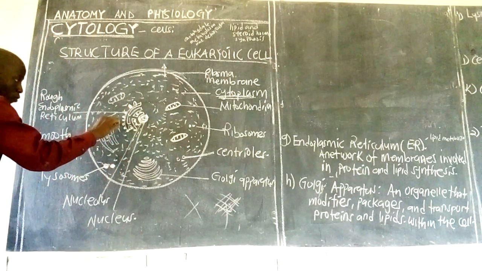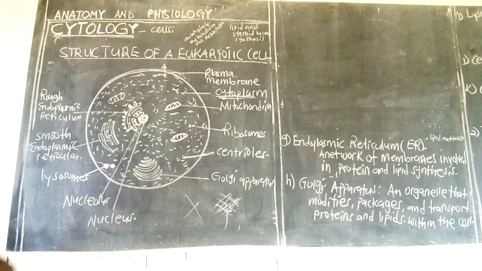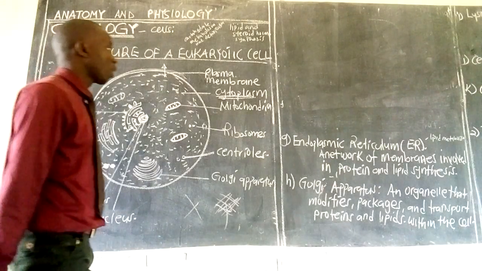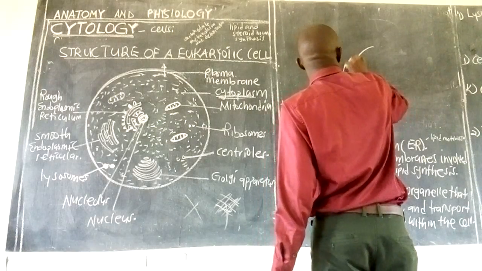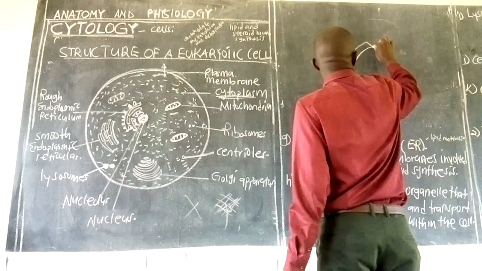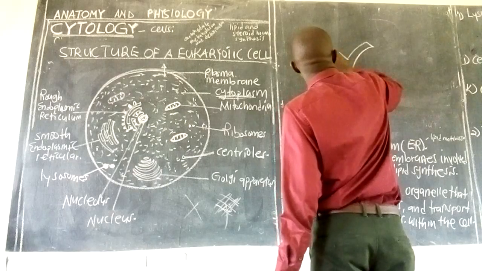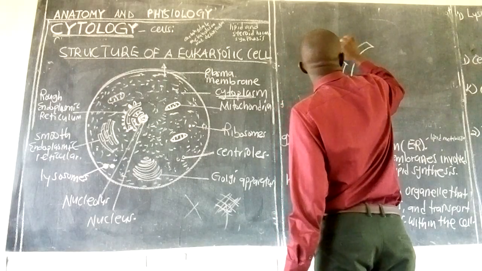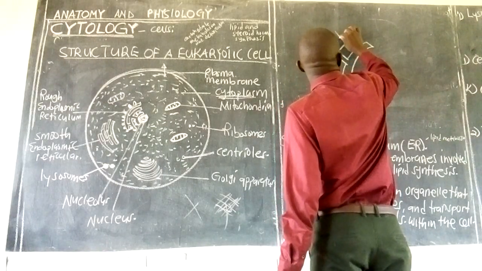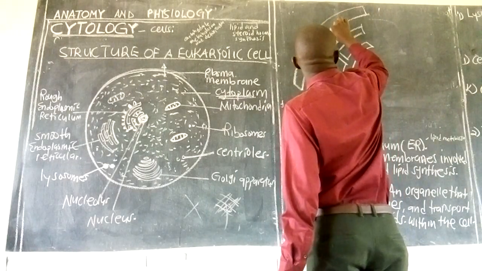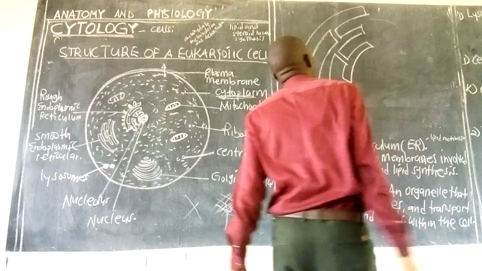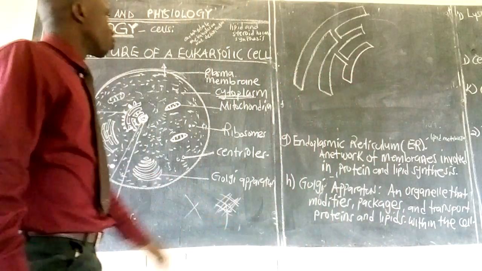Then we also have what we call the smooth endoplasmic reticulum. So the endoplasmic reticulum looks like this, if I try to illustrate how it is. So this is how our endoplasmic reticulum looks like.